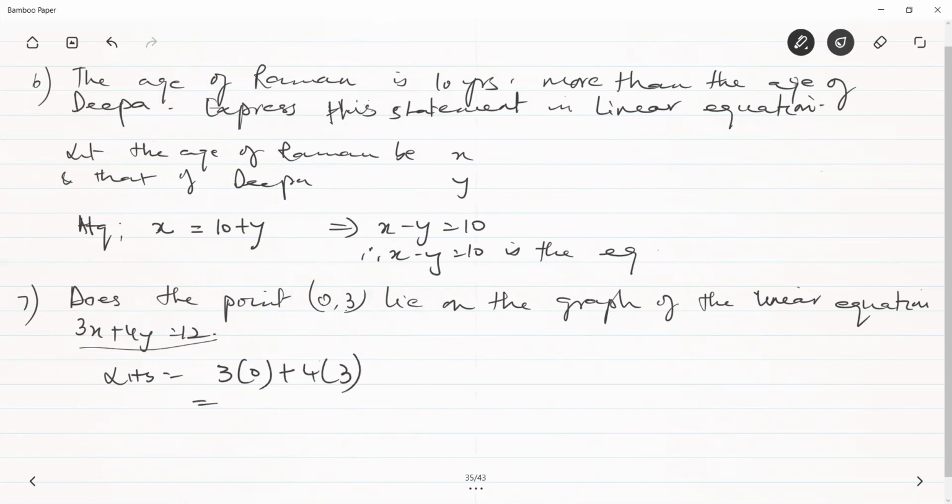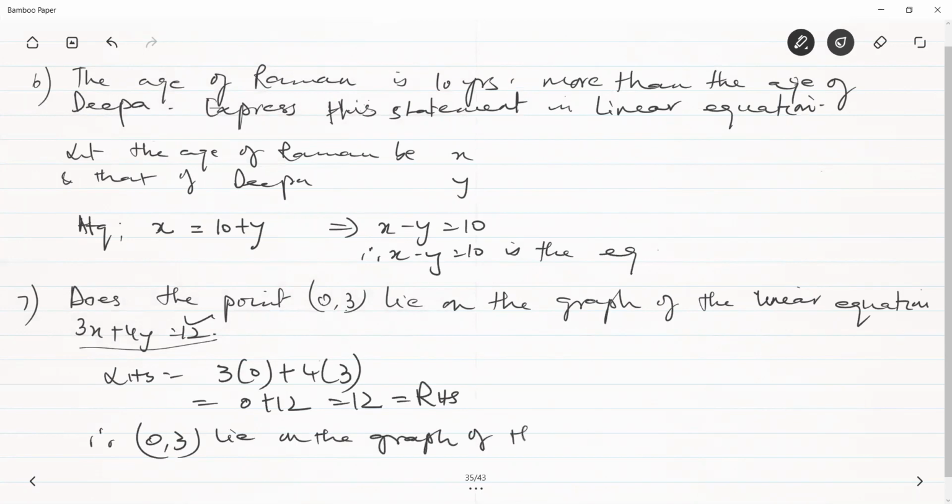What will this give you? 0 plus 12 is equal to 12, which is equal to RHS. So it satisfies. Therefore 0, 3 lies on the graph of the linear equation 3x plus 4y is equal to 12.